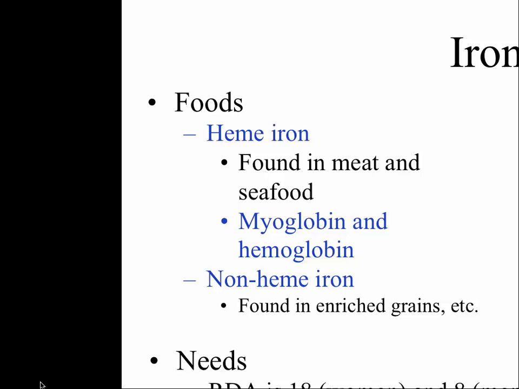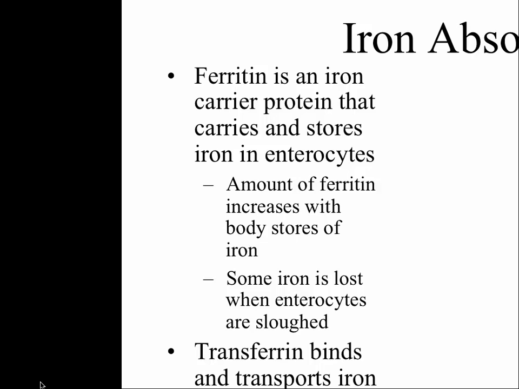So, iron absorption. Iron gets taken up by your enterocyte from the apical side, the brush border there, either as heme or as free ferrous. Ferrous is the 2+ state. You can only absorb iron if it's in its ferrous state.